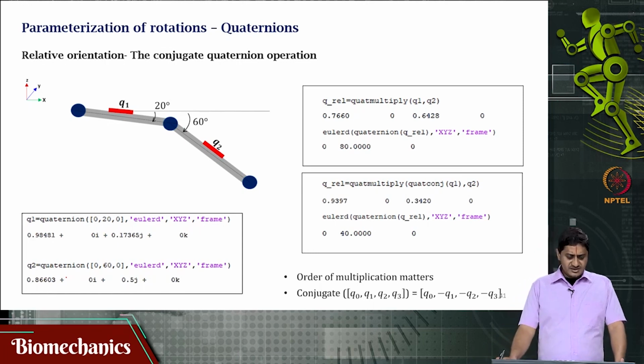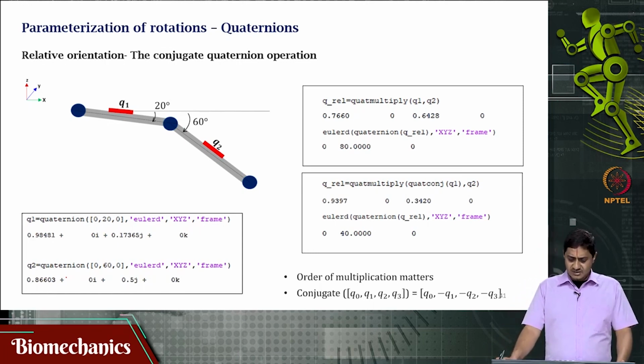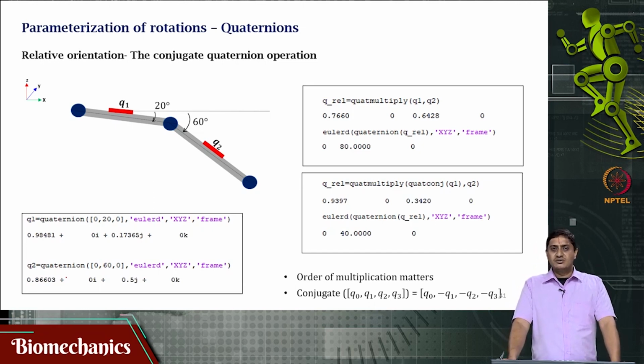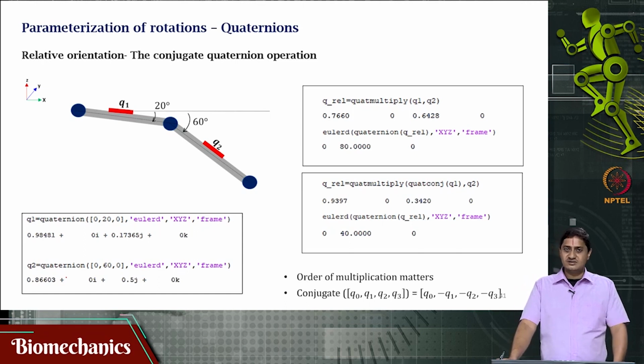Now, like we discussed previously, we just showed an example of how we can find the relative orientation. We said that you can do it by finding the complex conjugate of the second one and then multiplying it with the first.